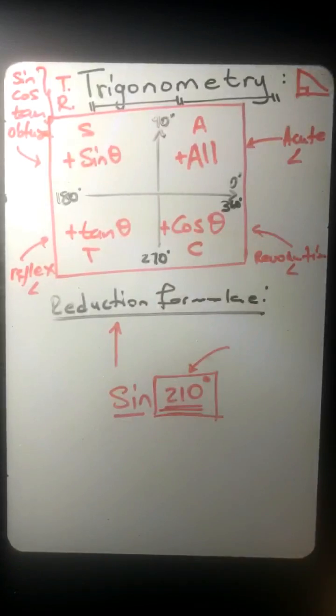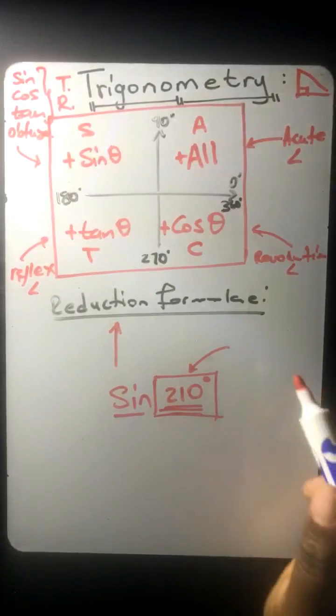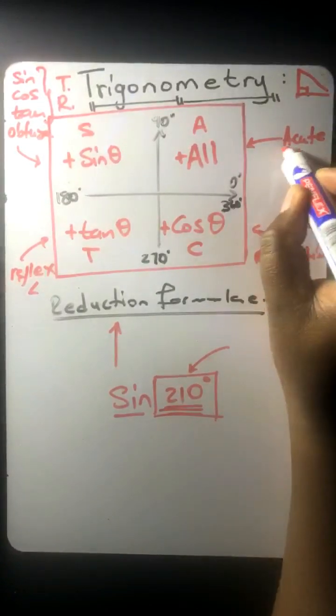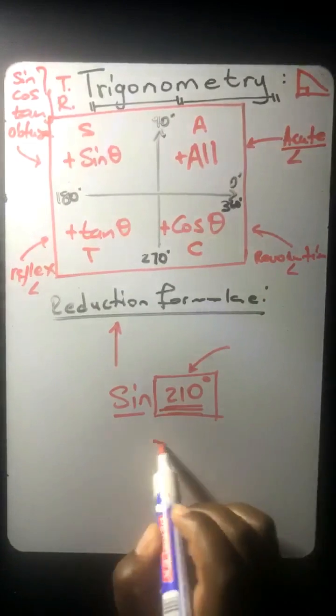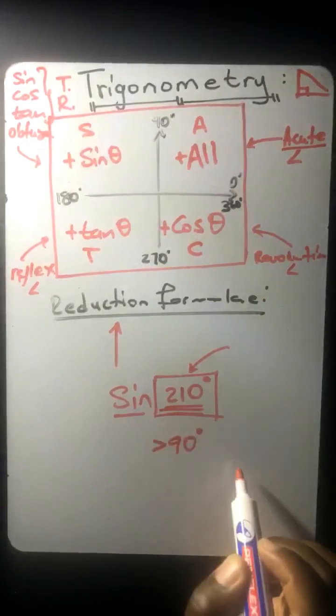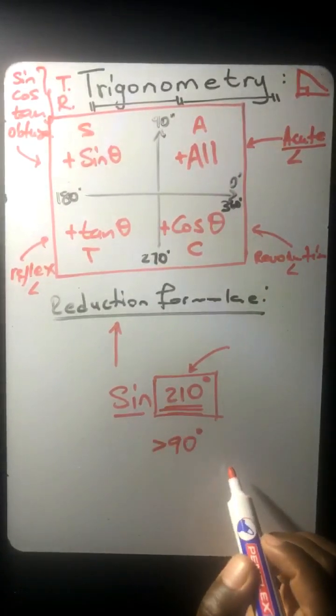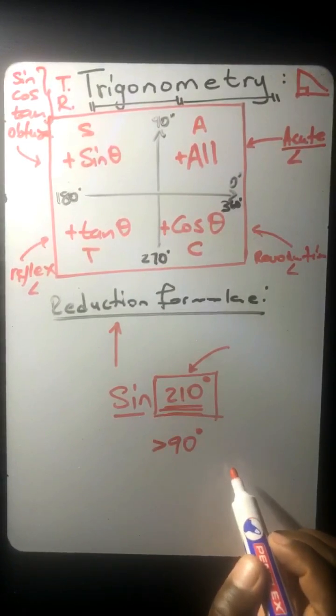100%, it's a reflex. So now, because it's a reflex, it means if we want to reduce it to an acute angle, that's when you use reduction formulae. So any angle which is greater than 90 degrees, we use reduction formula to reduce it to an angle which is less than 90.